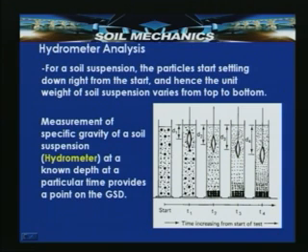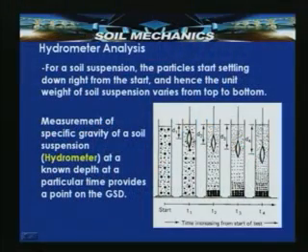So, this measurement of the density, or the specific gravity of the soil suspension, can be done by a device called a hydrometer at a known depth at a particular time, which provides a point on the grain size distribution curve. This is a schematic representation of a hydrometer. The hydrometer is nothing but a device with a stem and a bulb which is filled with lead particles, and it is graduated in such a way as to give the specific gravity of the soil particle suspension.